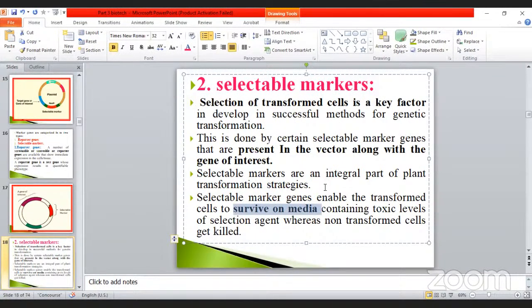Sometimes other media are used. Suppose it is a blood culture, sometimes a toxic substance may be present in it. It will not transfer, so the toxic substance kills the gene. At that time you will not get the proper result.